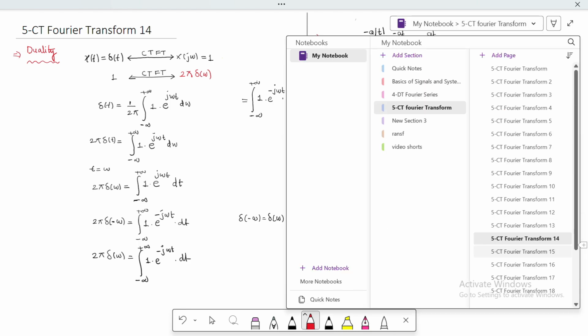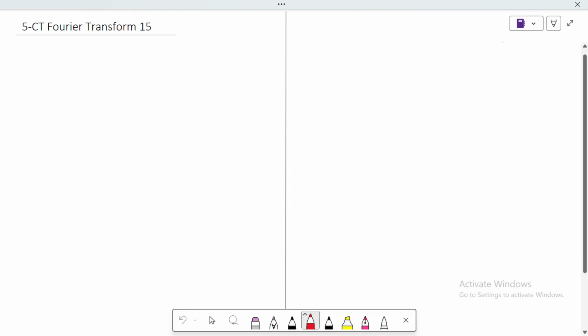Next topic. Till now, we converted the time domain to the frequency domain for aperiodic signals.